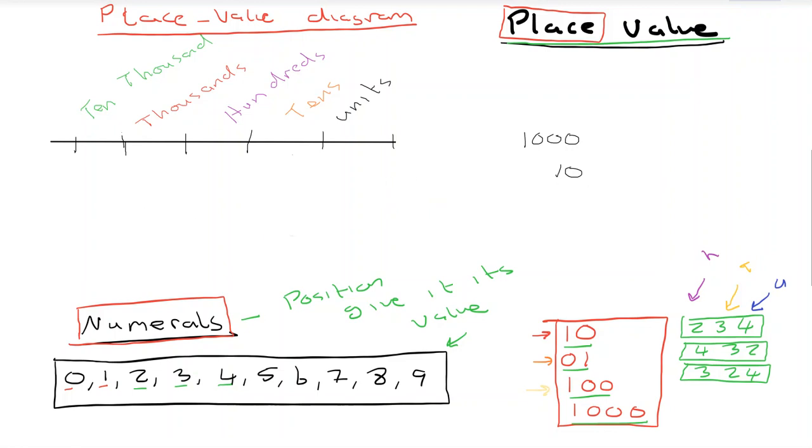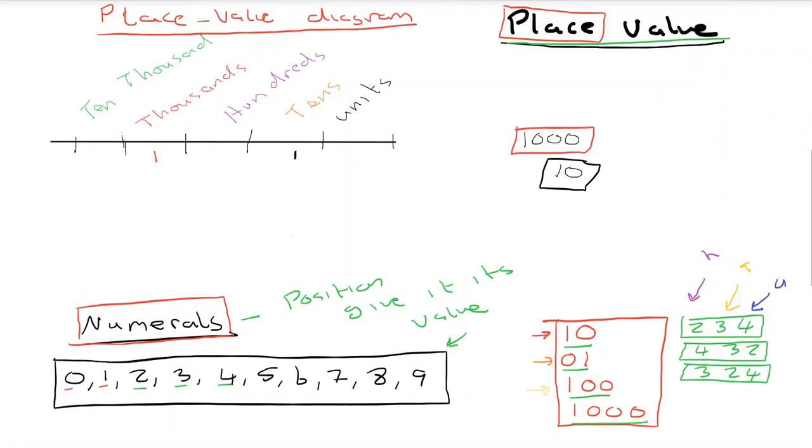So let's think about a couple of different ways. If I place the 1 here, that gives me 1,000. If I place the 1 here, that gives me 10.